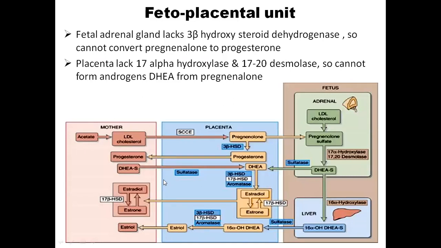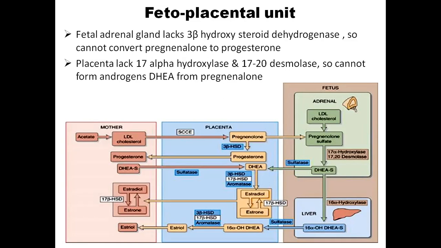Now, we all know that the fetal adrenal gland lacks 3-beta hydroxysteroid dehydrogenase, in short 3-beta HSD. And so it cannot convert pregnenolone into progesterone or the estrogen precursors into estrogen.